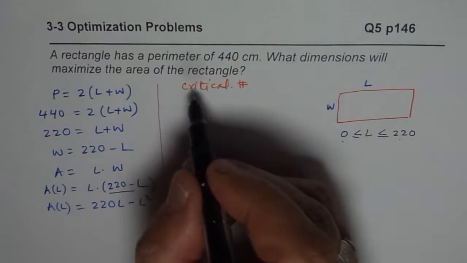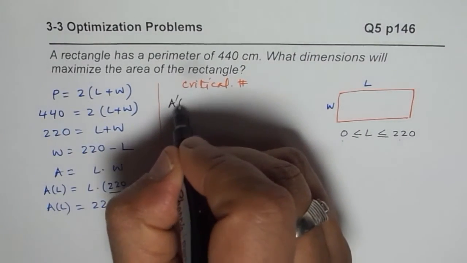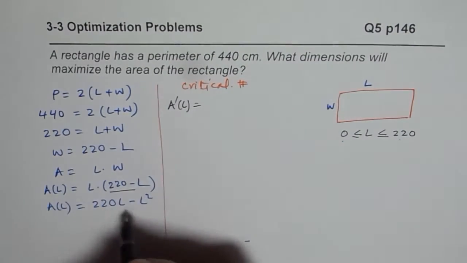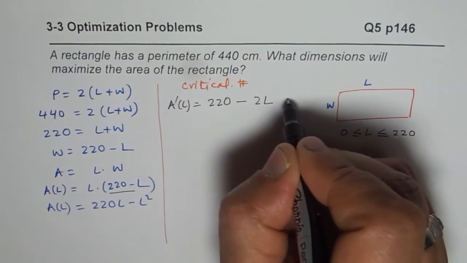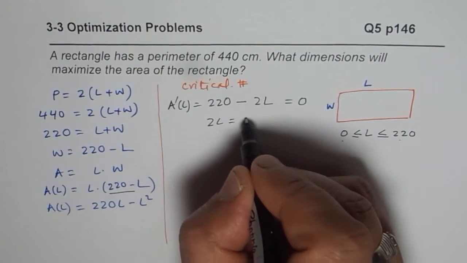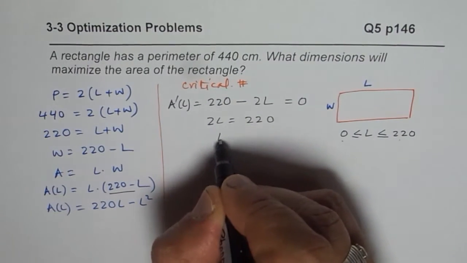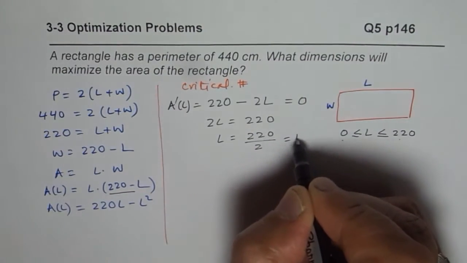So let's first find the critical number, which is to say that the derivative should be 0, right? So let's first find the derivative, which is 220 minus 2L, and when you equate this to 0, you get 2L equals 220, or L equals 220 by 2, which is 110.